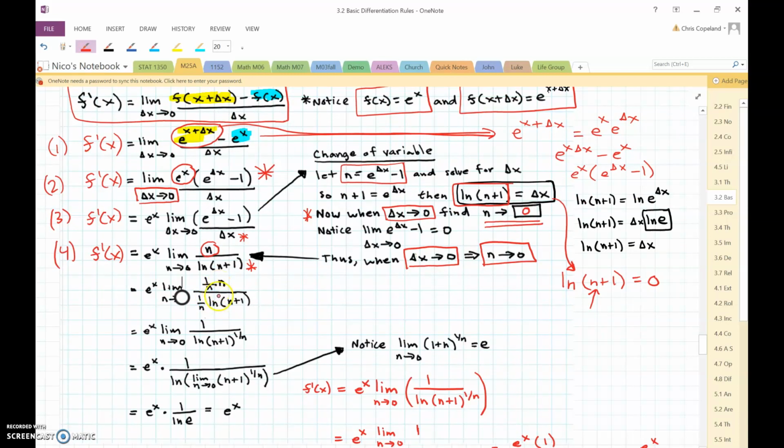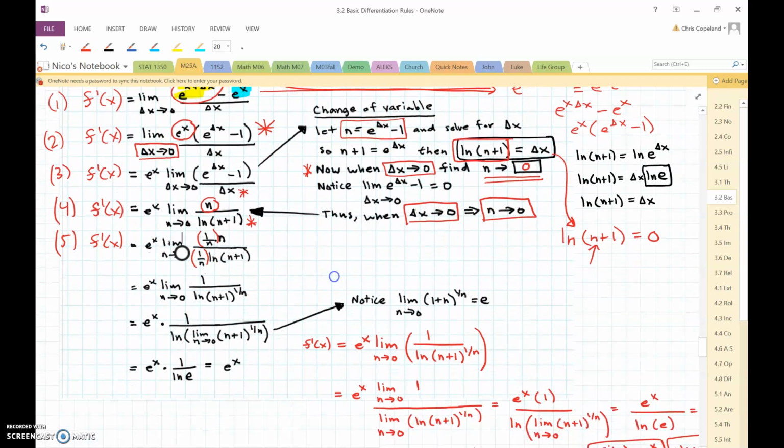Step 5 is not too big of a deal. I'm going to multiply the numerator and the denominator by 1 over n. Then in the numerator, 1 over n times n just becomes 1. And then 1 over n times the natural log of n plus 1.